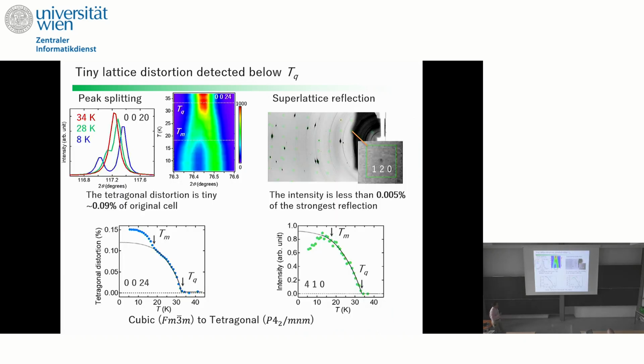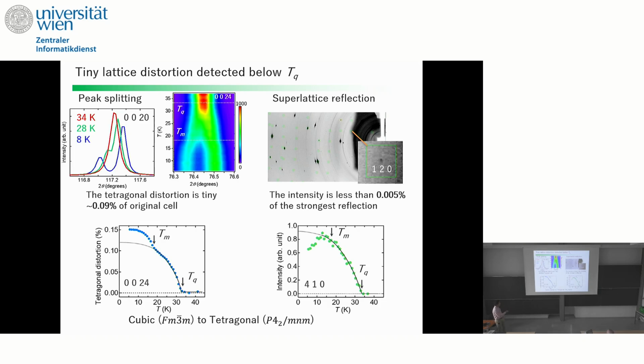As we expected, the lattice distortion was extremely small. We see the peak splitting and also the appearance of a superlattice reflection. But the tetragonal distortion is only 0.09%, and the superlattice reflection intensity is very, very small. But anyway, we could detect this structure change at TQ.